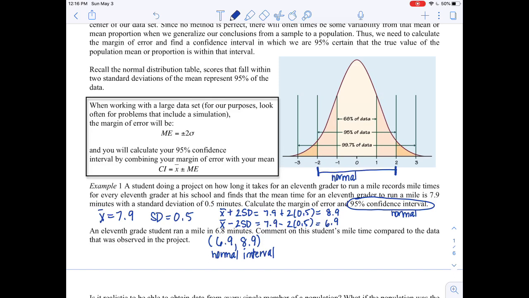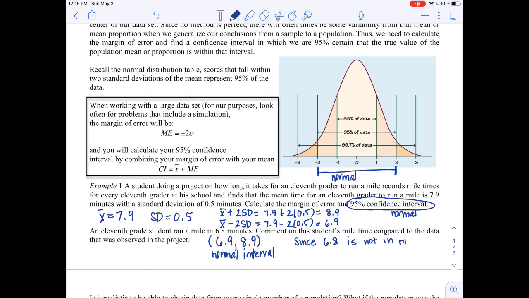Any values in here, now I will point out 6.9 and 8.9 are not included in that. So if someone ran a 6.9 minute mile, they would actually be considered abnormal. Even though it's right on the border, it's not included in the interval. So it says an 11th grade student ran a mile in 6.8 minutes.